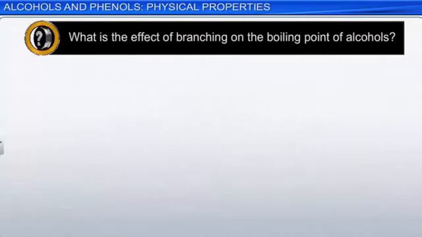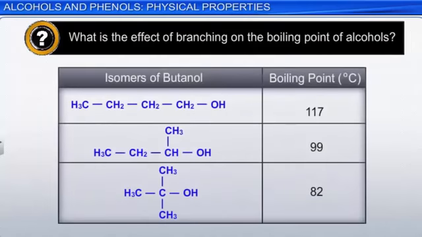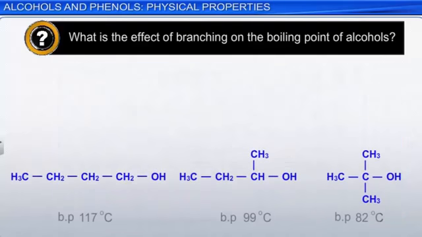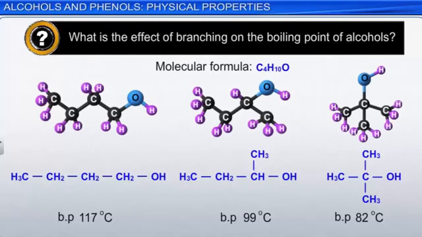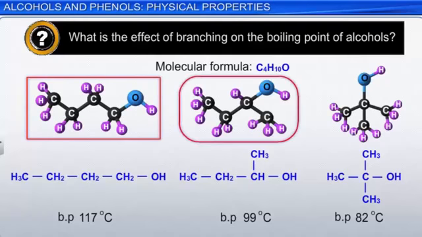What is the effect of branching on the boiling point of alcohols? Use the information in the table. The table shows 3 butanol isomers, which all have the same molecular formula. As the branching of the carbon chain increases, the molecules attain a spherical shape and the surface area decreases.